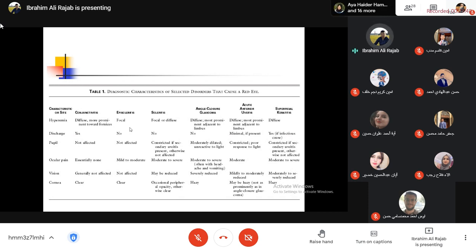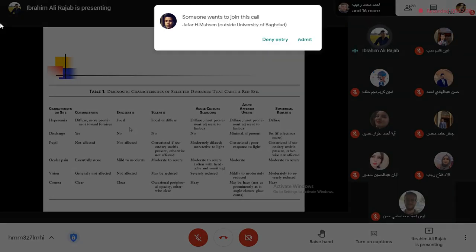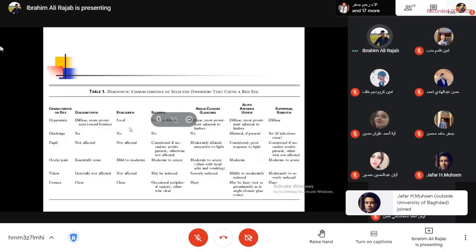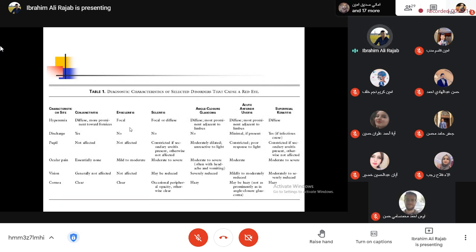I mean, there are white blood cells floating in the anterior chamber, blocking the passage of light through the transparent aqueous humor. It will not be as transparent as in a normal person, so it will block some light rays. So the patient will present with blurred vision according to the severity of the inflammation. If the inflammation is minimal, the patient may or may not present with blurred vision. But if the inflammation is severe, the patient will present with blurred vision.